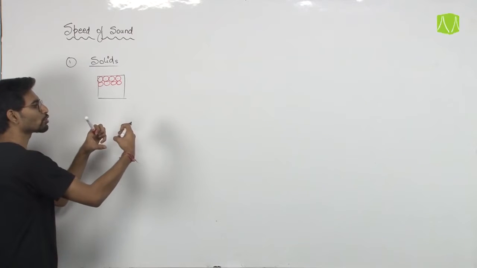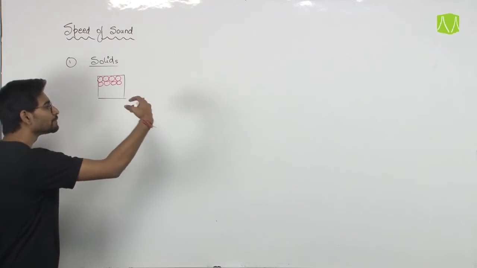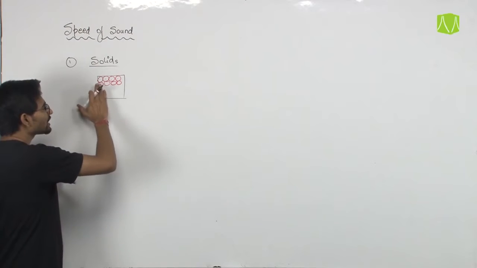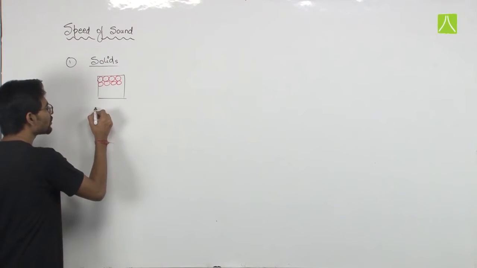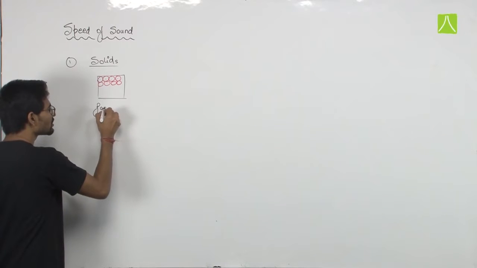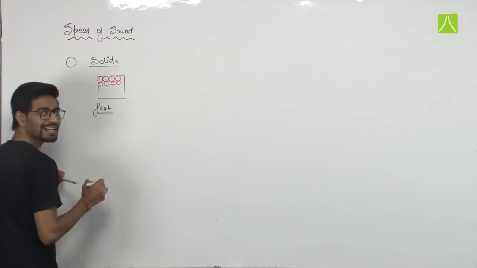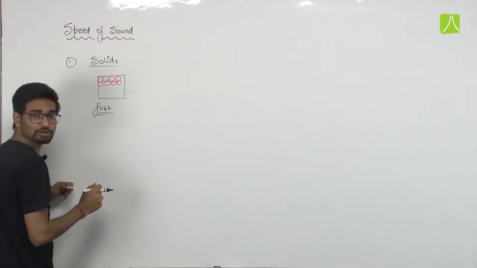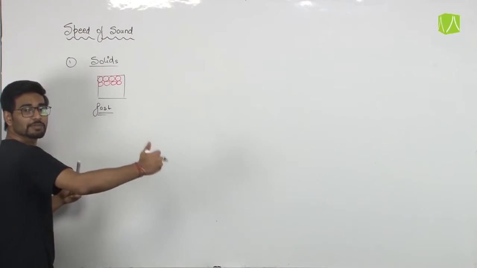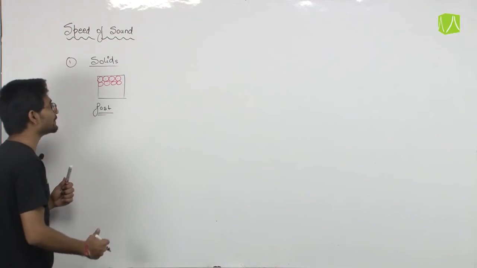This particle will collide with this, that with that, and so on. So the particles collide with each other at a very fast rate. So the speed of sound in a solid will be very fast, as the disturbance travels at a very great pace. Why? Because the atoms and molecules are very close to each other, so they pass the disturbance in a very short span of time.